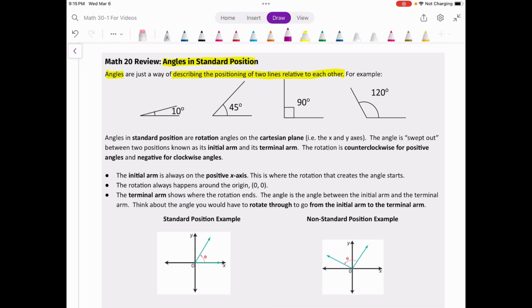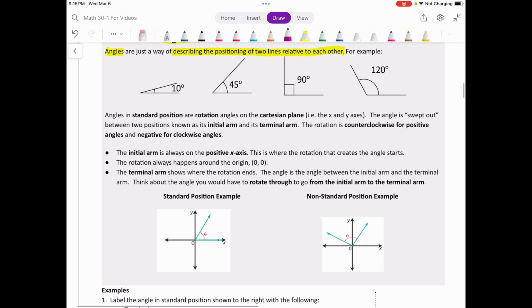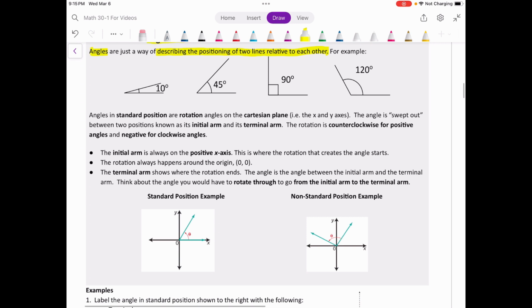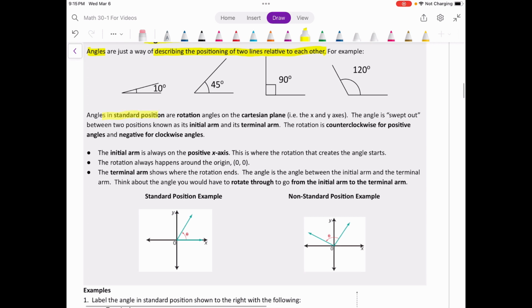It's just that our two lines are made by what we call an initial arm and a terminal arm. Initial and terminal kind of gives you some clues there, right? Initial is where it starts, its initial position. Terminal is where we think of as the angle ending, as we kind of create it, right? So that is what we're doing with angles in standard position. They are what we call rotation angles.